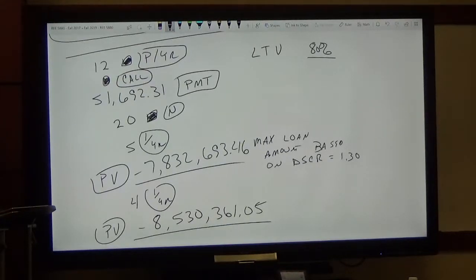That means whatever dollar amount we got for the loan, $7,832,693.46, we divide by 0.8, and that gives us basically our maximum purchase price.